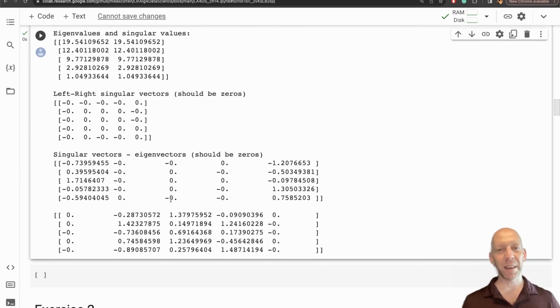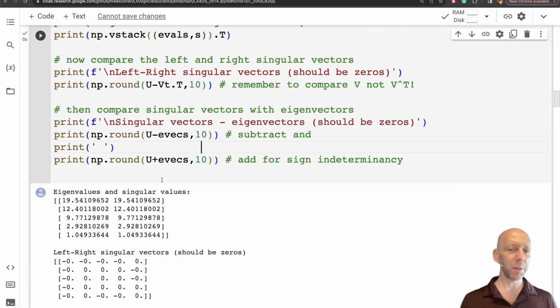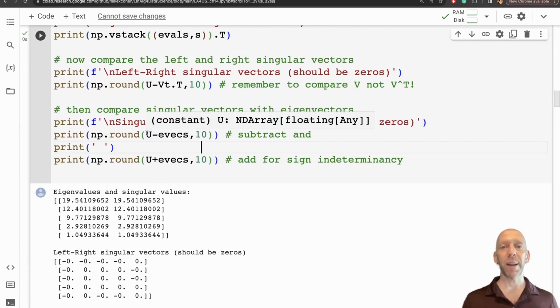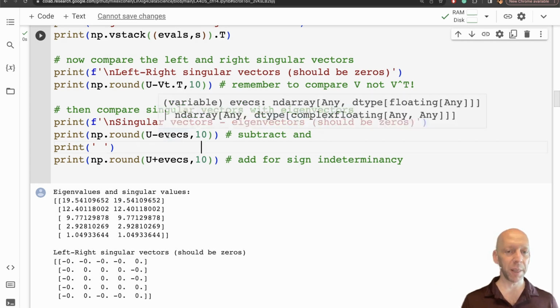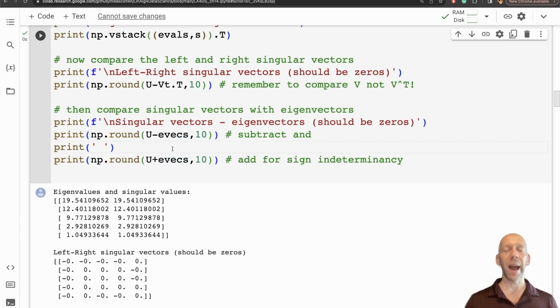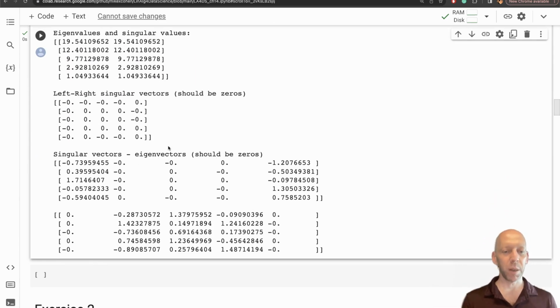That's just related to the sign uncertainty. Another way you could have done this is by taking the absolute value of the correlation coefficients between each vector, so each column of U and each column of V or evecs. And there you would see that the absolute value of those correlations should be basically 1 plus some rounding errors, maybe 0.999, something like that.